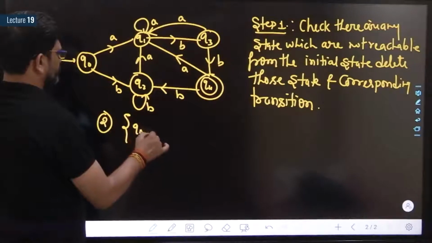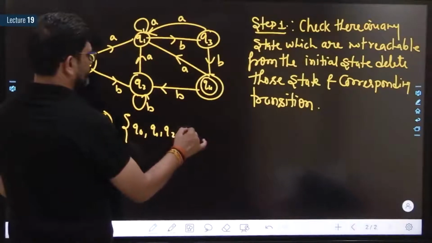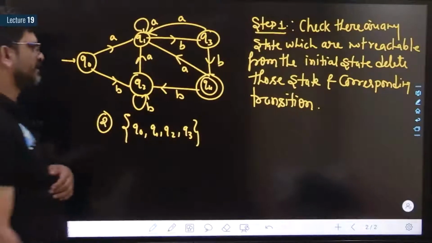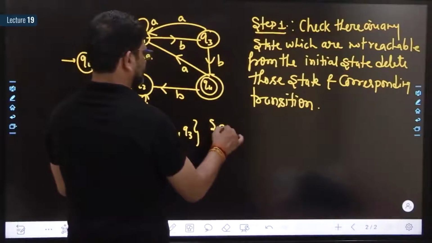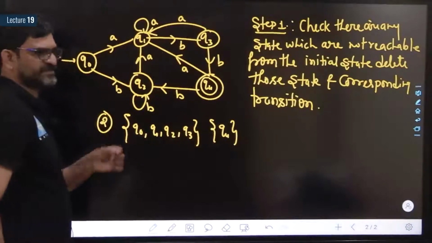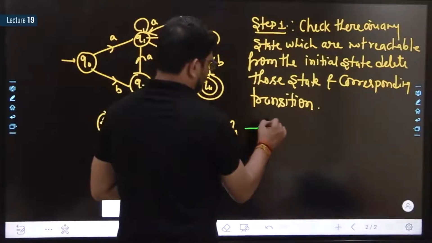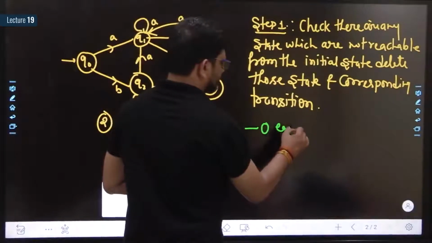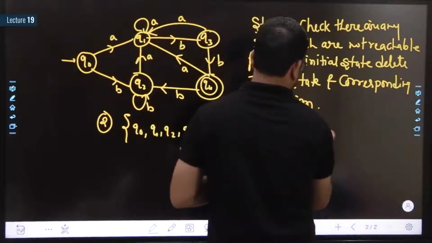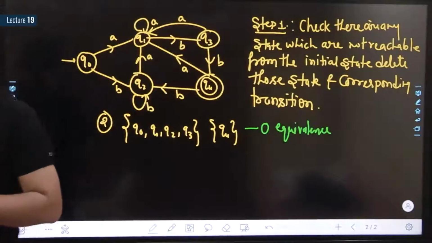Q0, Q1, Q2, Q3 is one set and this is another set. These are all non-final states and this one is the final state. This is known as zero equivalence. Please, it is very easy. Please listen carefully.